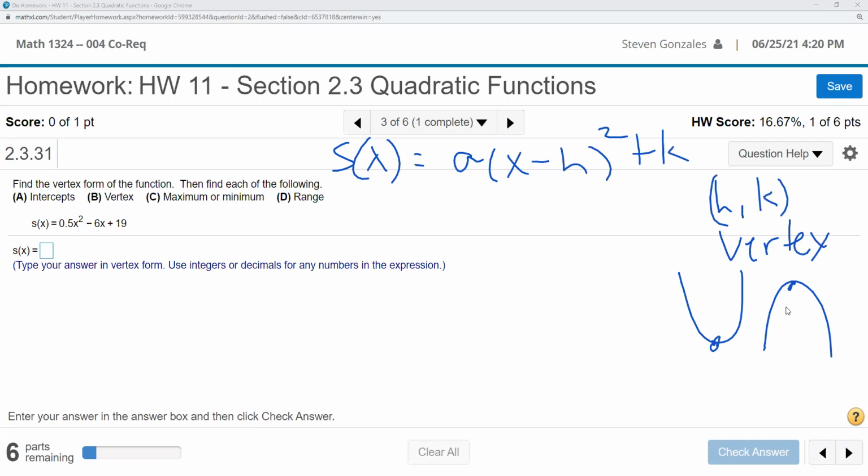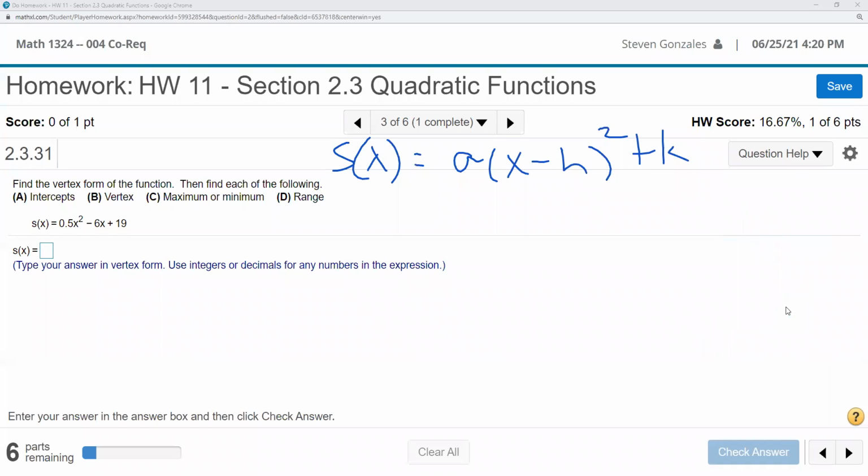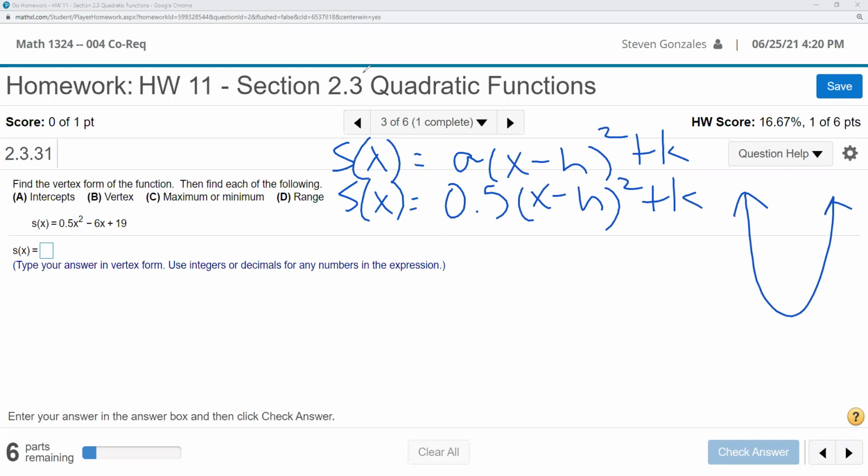Now, we already know that A is 0.5. So I can already go ahead and plug 0.5 in. I also know from this observation that the graph is going to be pointing up.